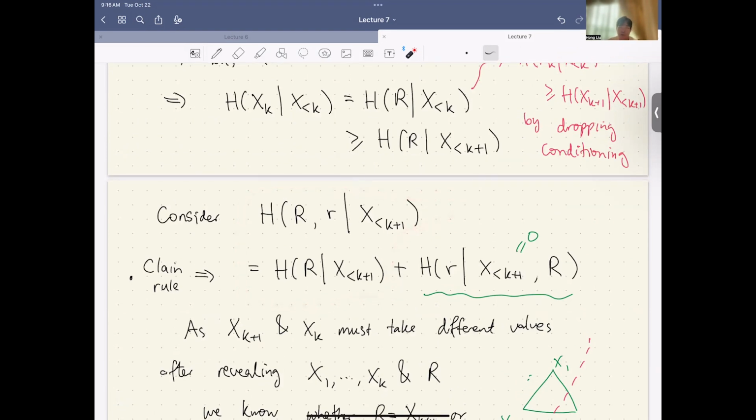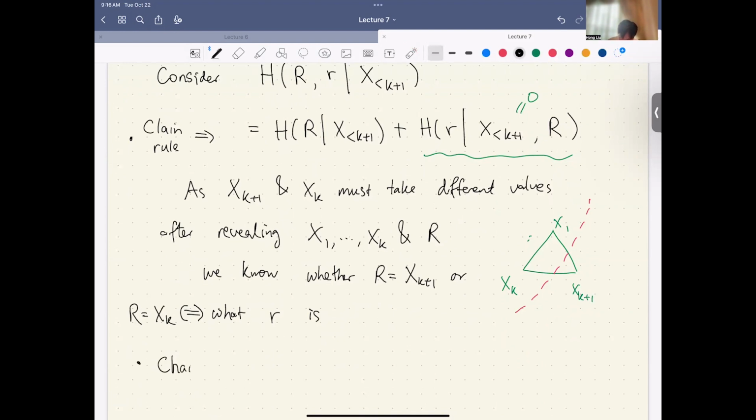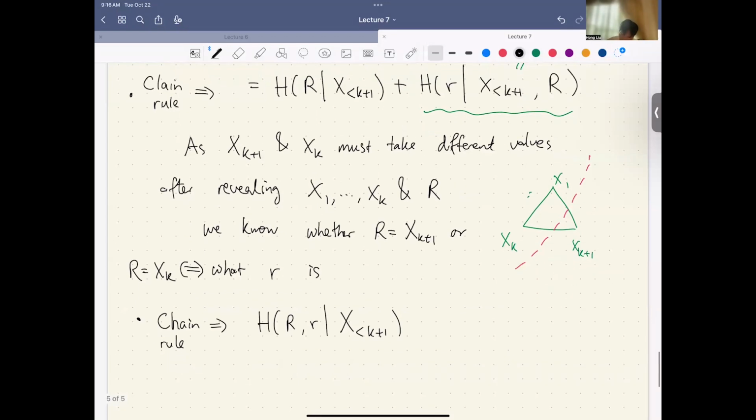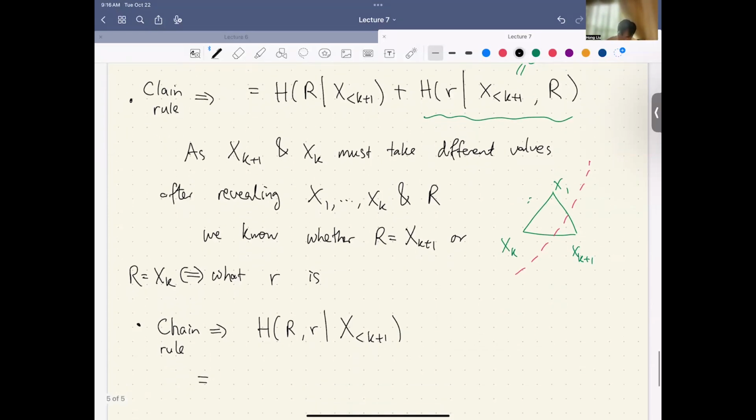Now let's use chain rule to break it up in a different way. Let's first review the little r and then review capital R. Chain rule in a different way, we have h of r equals, we first review the little r, then we review capital R, and little r.